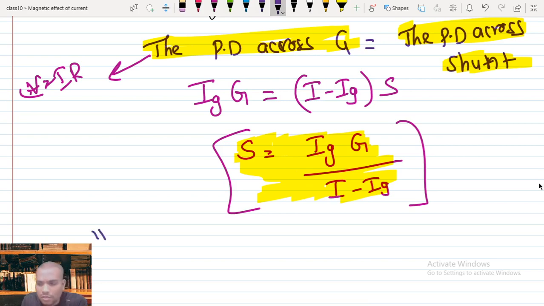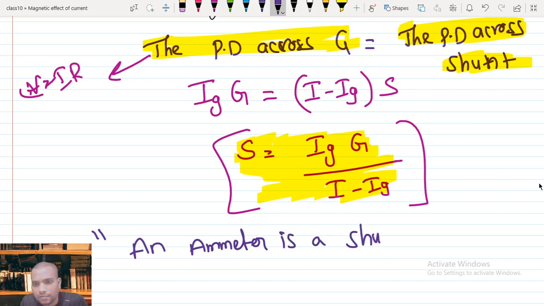So as a conclusion of this concept, what is an ammeter? An ammeter is a shunted or low resistance galvanometer.